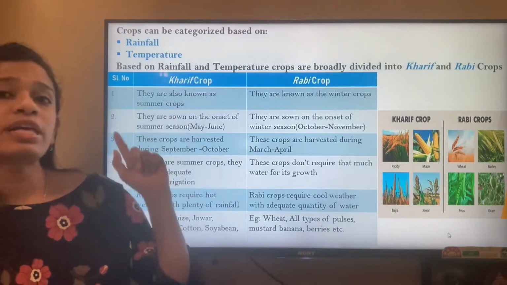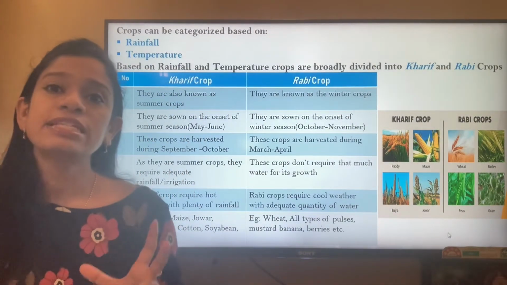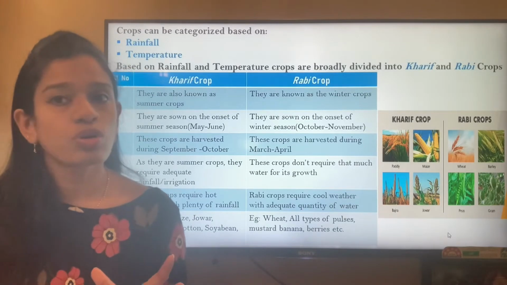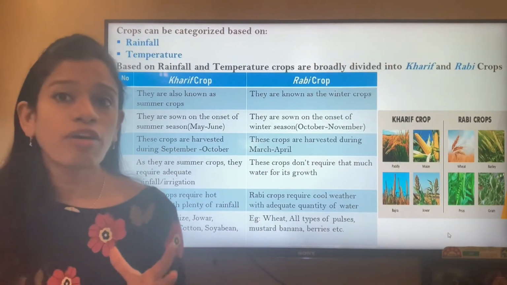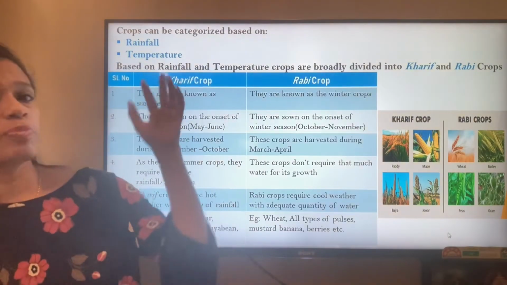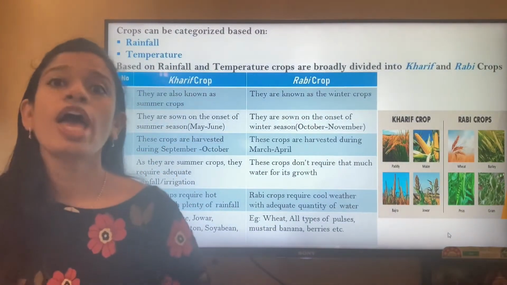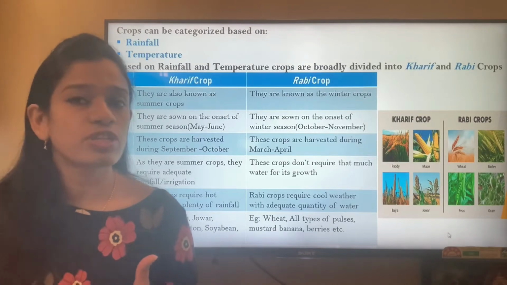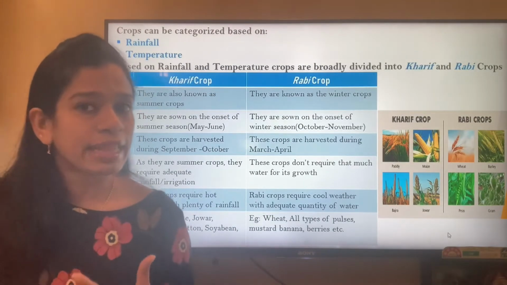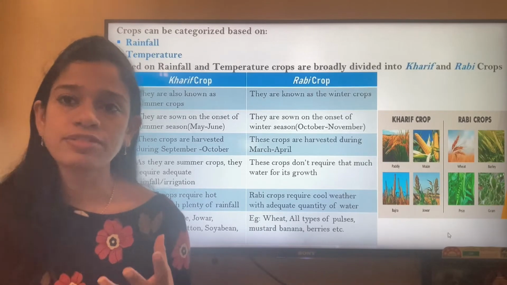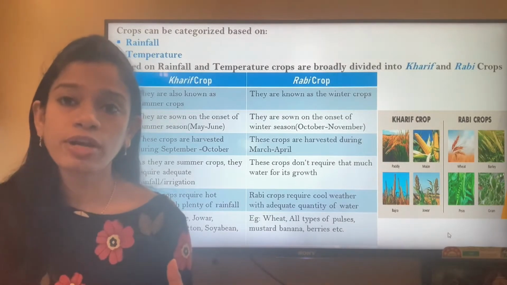They are also called summer crops. And the crops which loved winter, that is lower temperature, and we can understand that when it is winter, the rainfall is also less. So with less temperature and less rainfall, they were known as Rabi crops or winter crops.